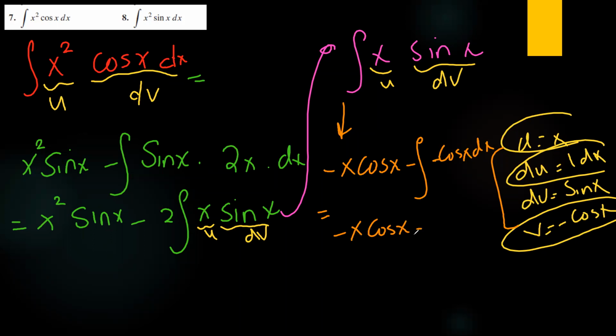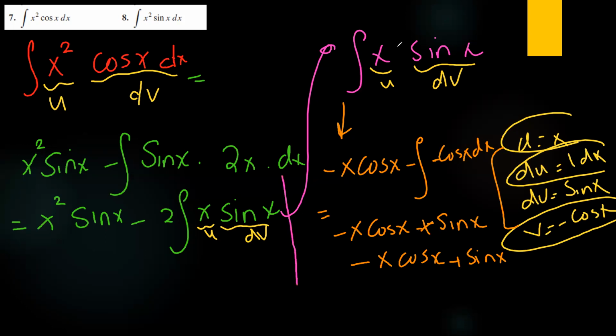Now, what's the integration of negative cosine? The integration of cosine is sine, so of negative cosine it is negative sine. So the integration will be negative x cosine x plus sine x. This is now the integration of x sine x.